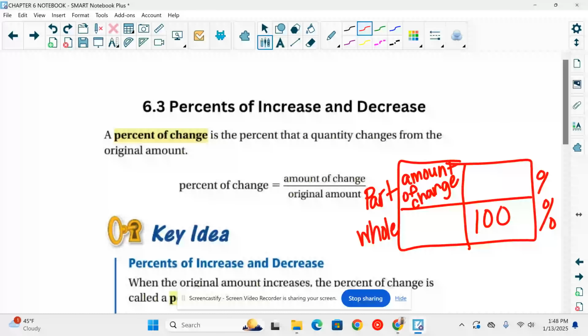Where you started. That's what's important: the change is measured against where you started. I call it the OG, or the original. We're comparing the amount of change to where you started, the original. And our goal is to figure out the percent in that situation.